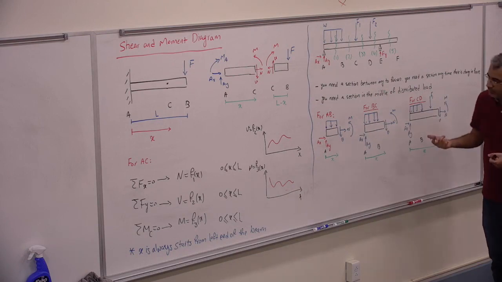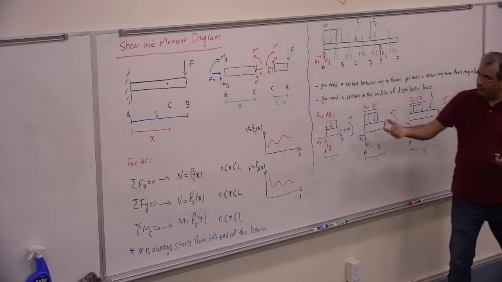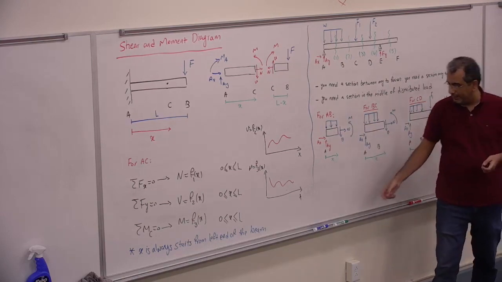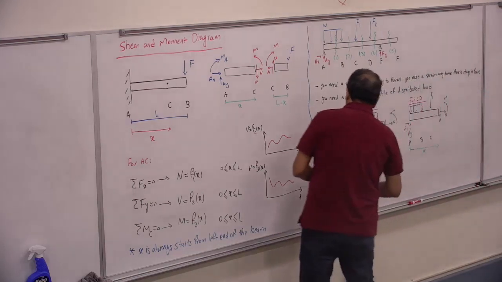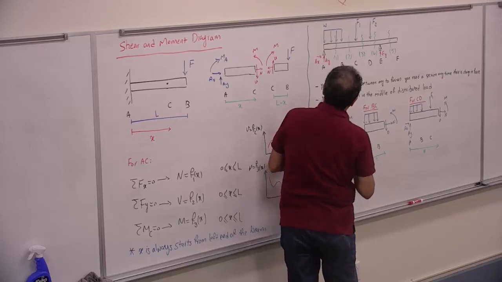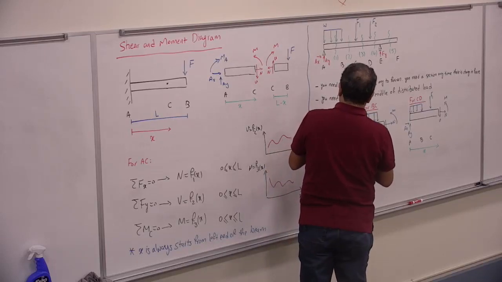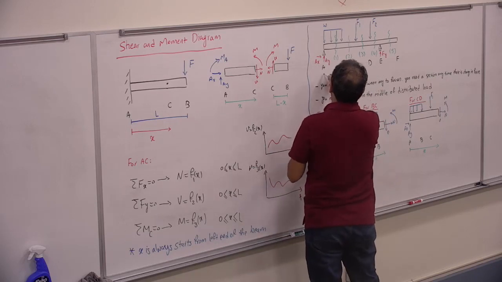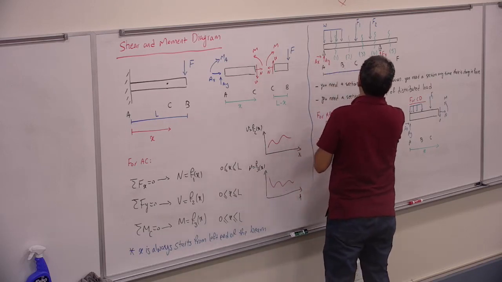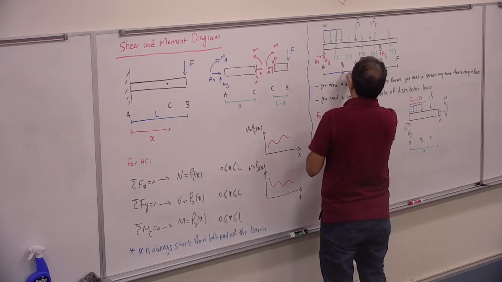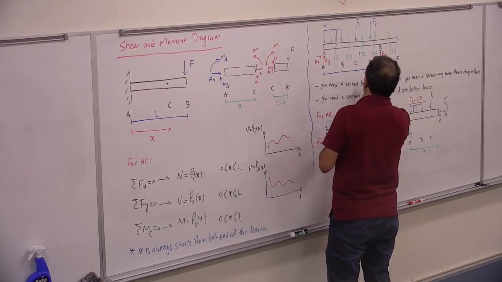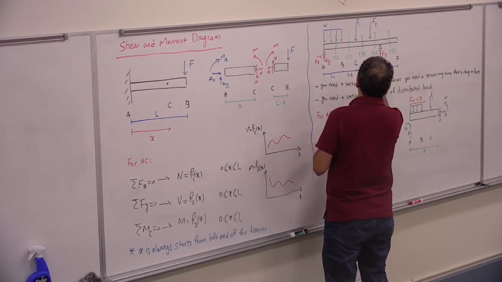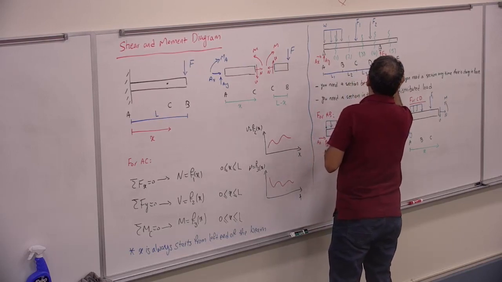One thing that I want to mention here is that look at the AB. For the AB, X is between L1, L2, L3, L4, L5.